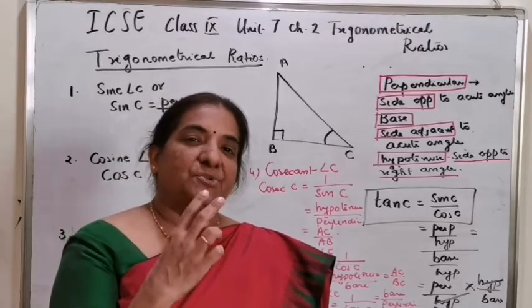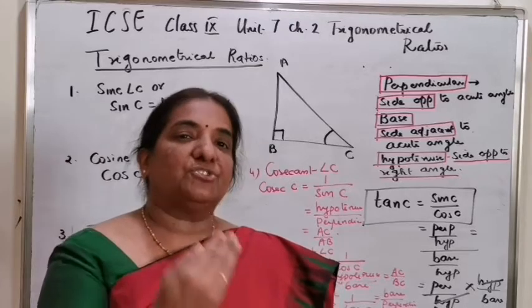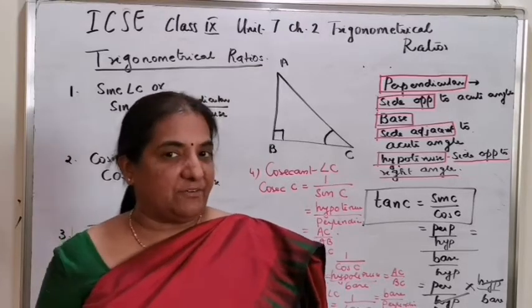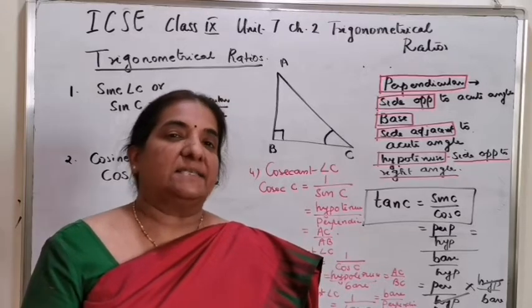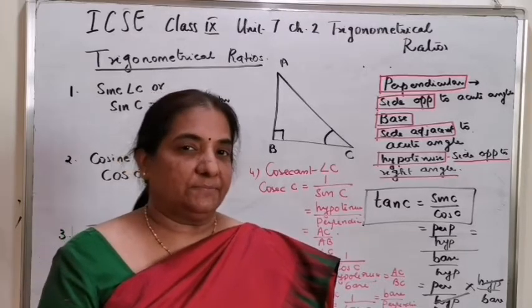The basic ratios are always the sine ratio, cos ratio and tan ratio. The remaining three ratios are derived as the reciprocals.